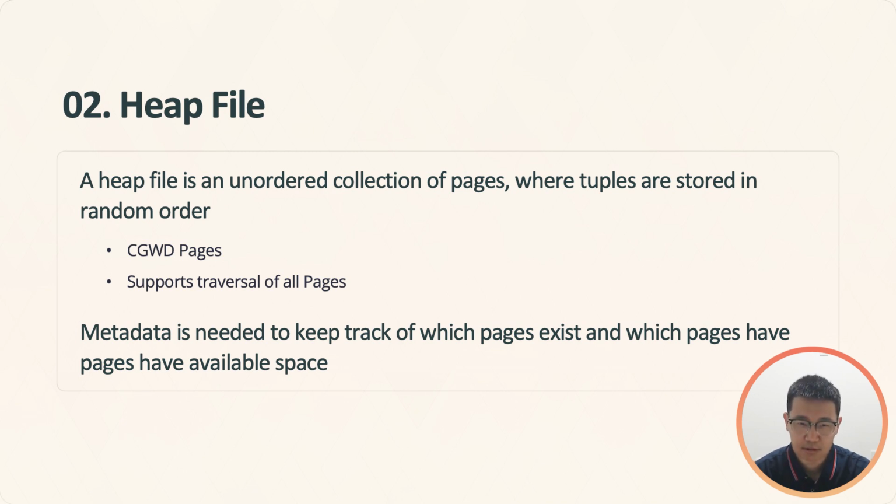We talked about these page files in the previous lesson. Page is the basic structure in the disk storage, and the heap file also needs to support traversal of all the pages, to get all the pages. Secondly, the heap file needs to have some metadata to track which pages exist, to find the exact pages and which of these pages still have available space, to get to these pages, and then to write the new tuple data to this page.